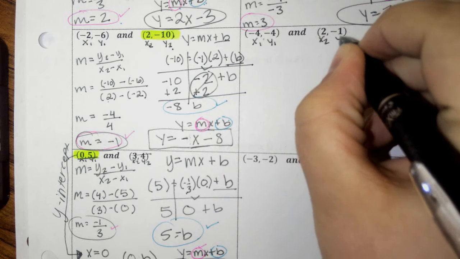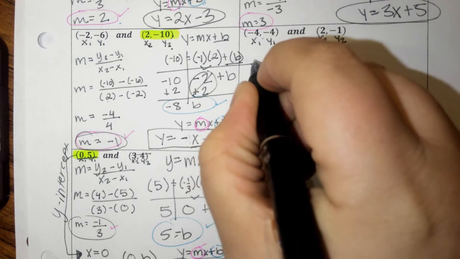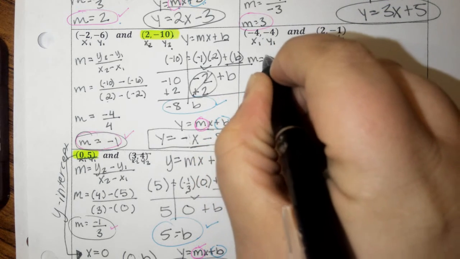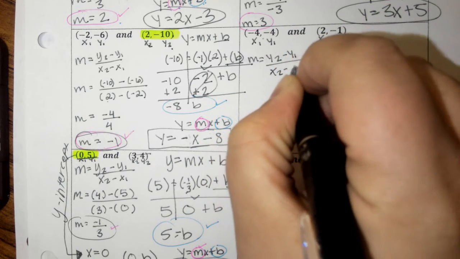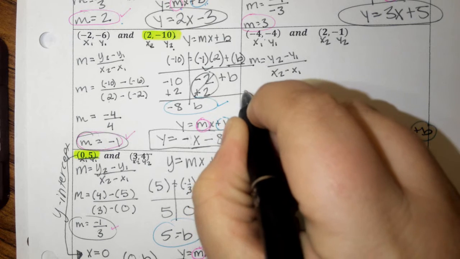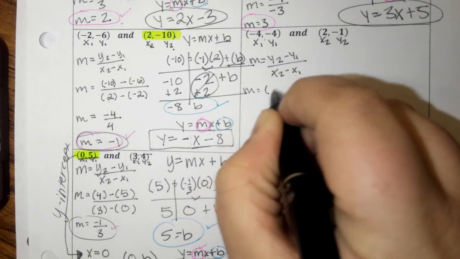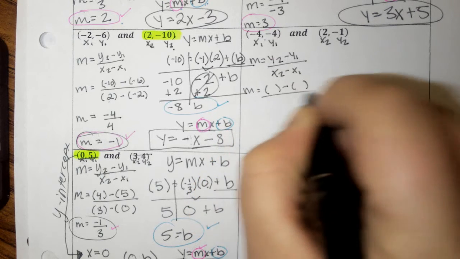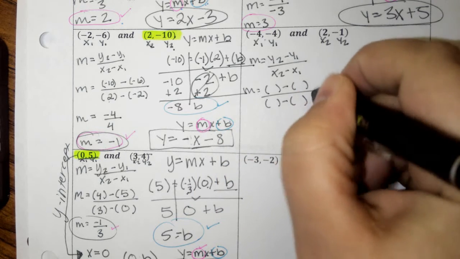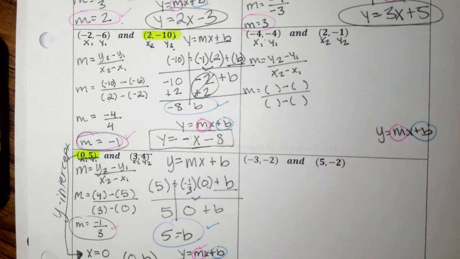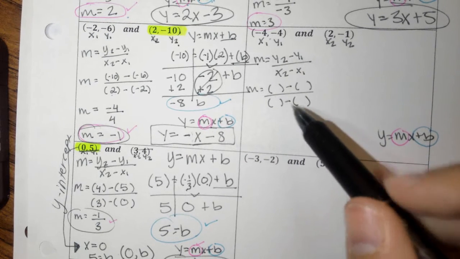That's x2 and y2. The slope formula, remember, is m equals y2 minus y1 over x2 minus x1. I'm going to rewrite that using bubbles in place of every letter or variable.